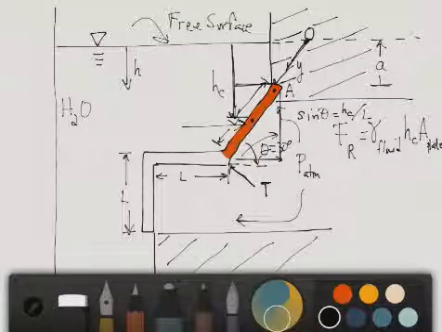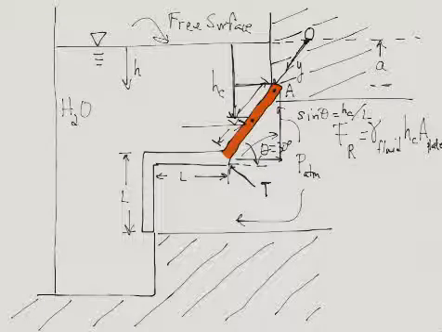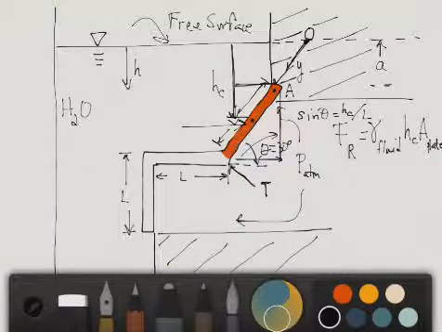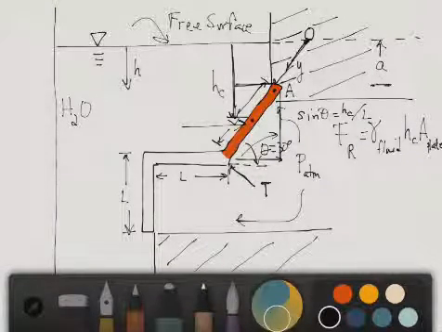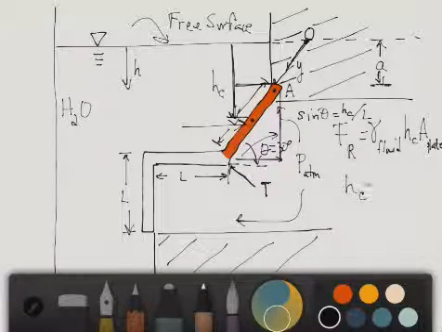It's actually right here. So we have to include that portion as well if we're going to measure HC. That's why it's important.